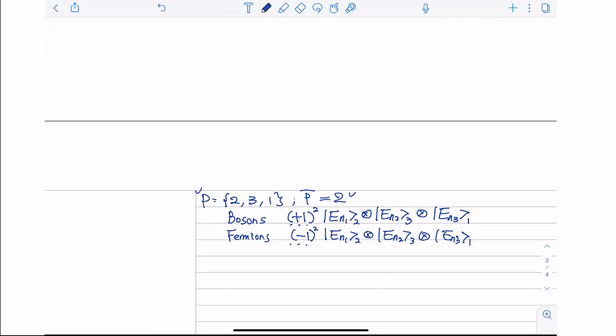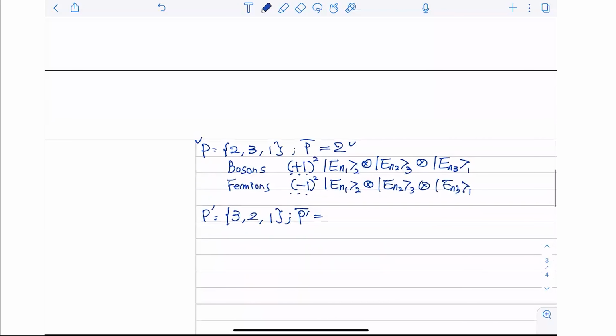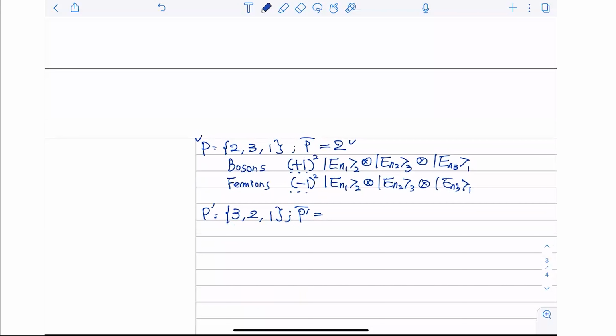So let's try to pick another permutation P prime, which is 3 to 1. So for this permutation P prime, the P prime bar is equal to what's the number we need to do? Let's try to see.